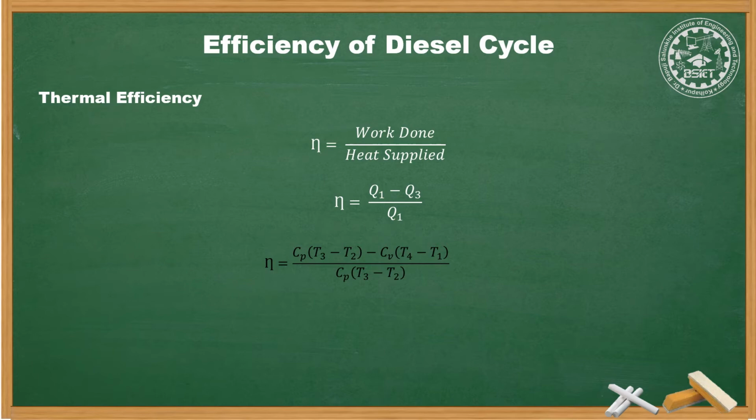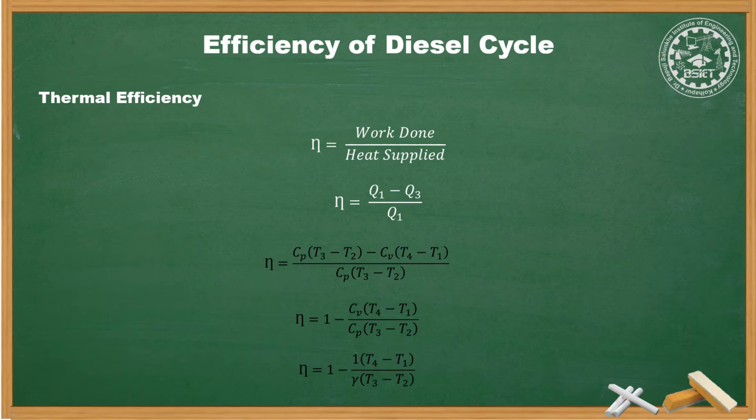Also, if we remove the like terms, we get efficiency equals 1 minus Cv into (T4 minus T1) upon Cp into (T3 minus T2), which can also be written as 1 minus (T4 minus T1) upon gamma into (T3 minus T2). Here gamma is Cp upon Cv.